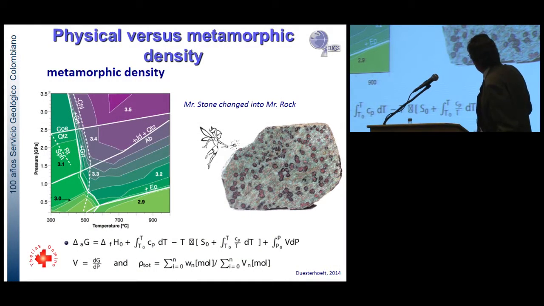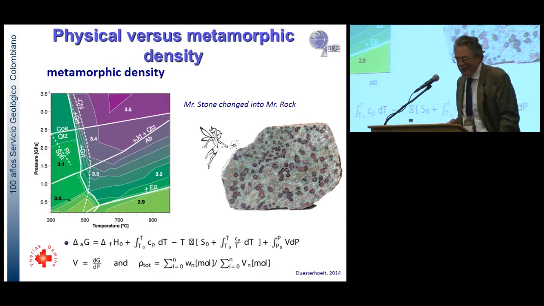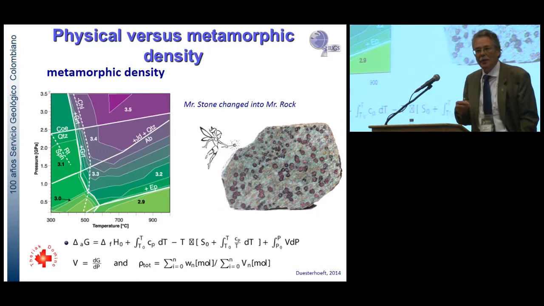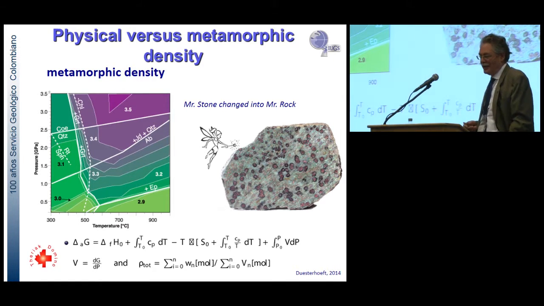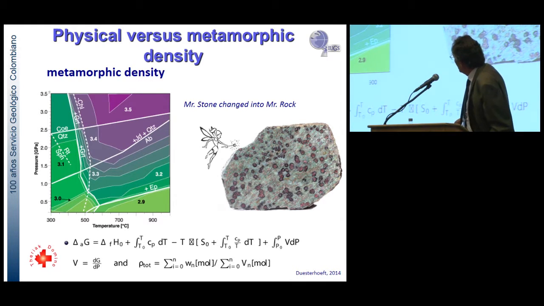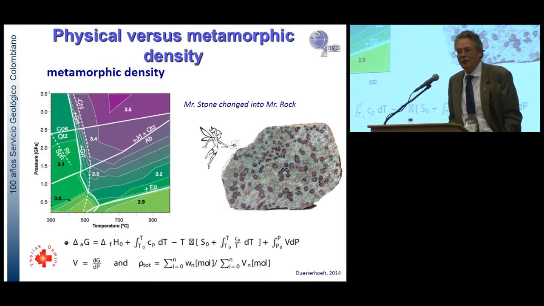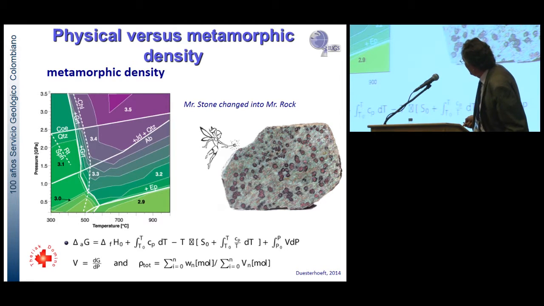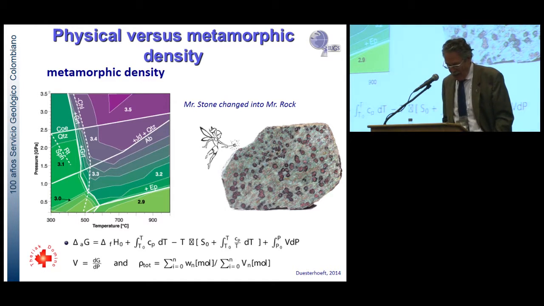Now here is an eclogite, and here is the density diagram calculated through a petrologic stability diagram, as I showed it before, if you want a petrogenetic grid. And you can see that this doesn't look like a very simple distribution of densities. It is very complicated, and densities are low in the very cold areas and in the very hot areas, and you get a density high in the area of high pressure and high temperature.